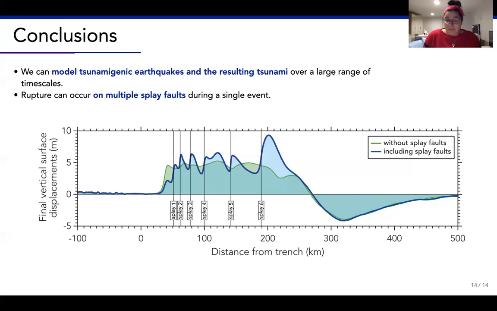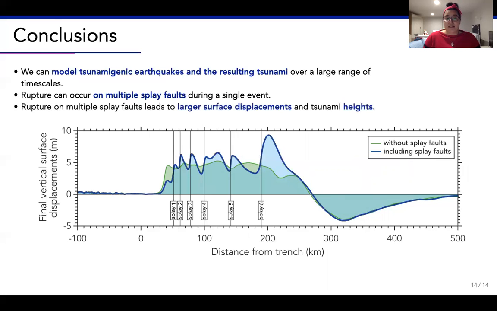Then we applied this to splay faults, and we see that rupture can occur on multiple splay faults during a single event. This drastically affects the surface displacement and the resulting tsunami, because where you have rupture on splay faults, you get larger surface displacements and larger tsunami heights.